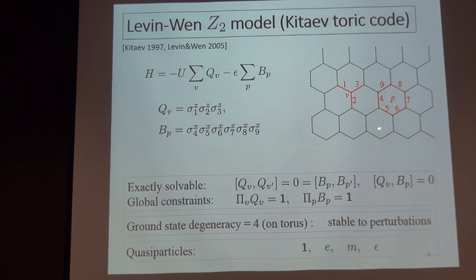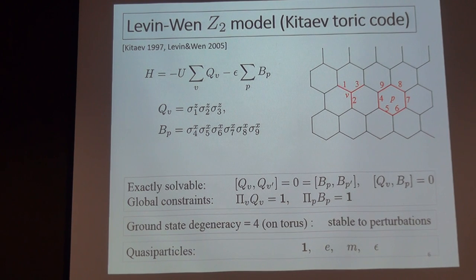So on a torus, the ground states are degenerate. The degeneracy is 4. And these degenerate ground states correspond one-to-one to the particle species in the bulk.